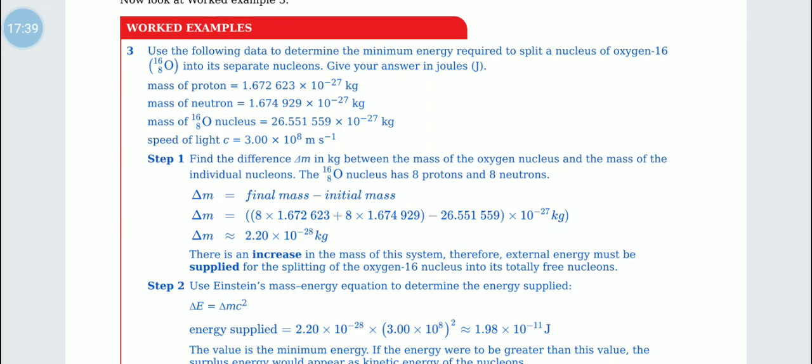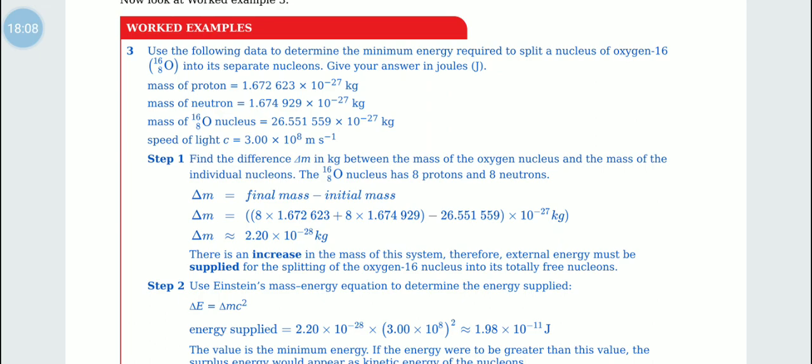So here what has happened is, now they are asking what is the energy required to split a nucleus. So external energy, because there is an increase in the mass of the system; we know that the final mass minus initial mass means there is an increase of mass. As a result, we have to supply energy to split the oxygen-16 atom.